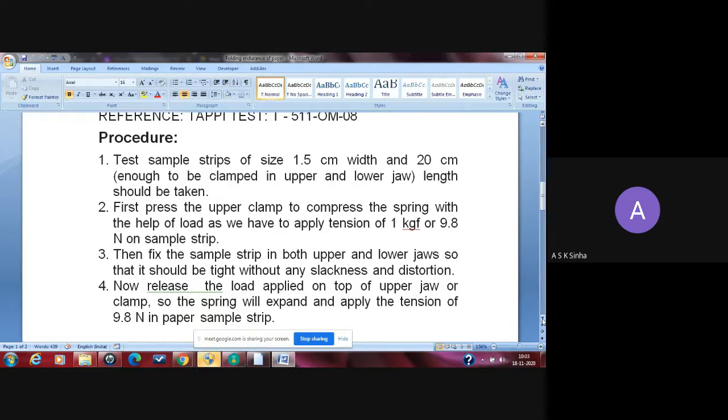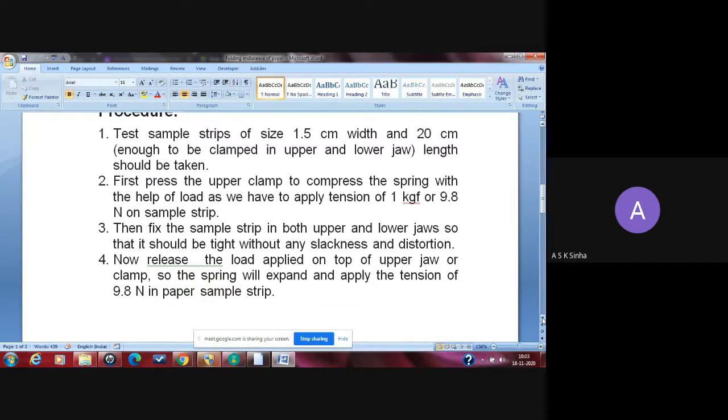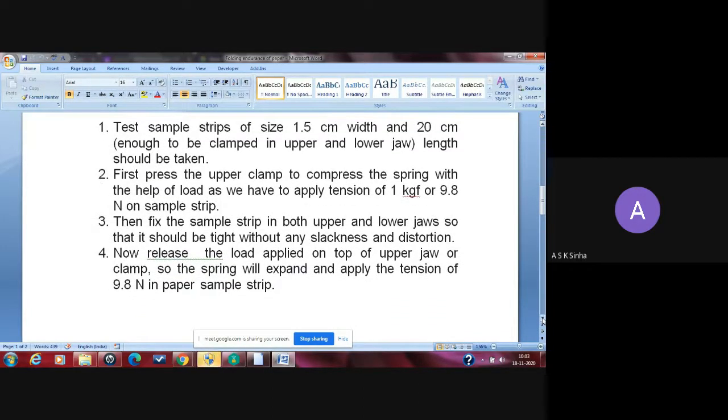The length should be sufficient so that it has good clamping and does not slip while the folding force is applied on the sample.